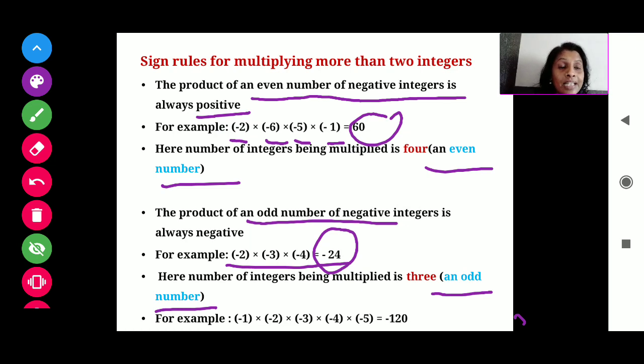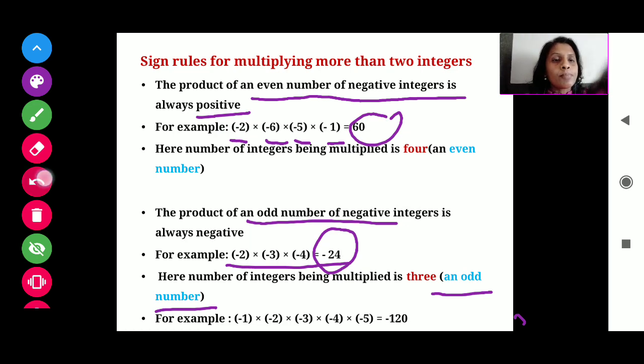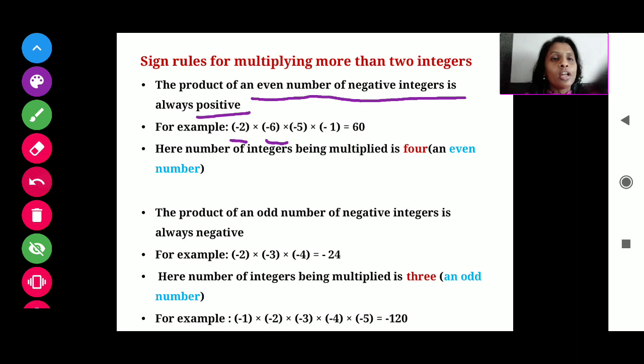But if you are multiplying 6 negative integers, -1 into -2 into -3 into -4 into -5 into -6, the negative sign is 6 times. 6 is an even number, so your answer will not have a negative sign. Your answer will have only a positive sign. This is the most important thing when you are doing multiplication. You have to keep it in your mind.